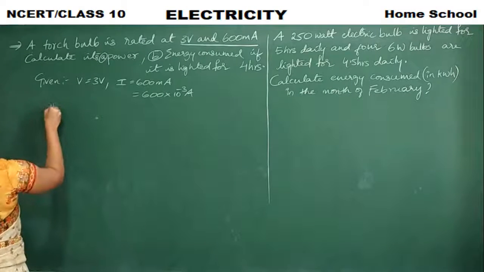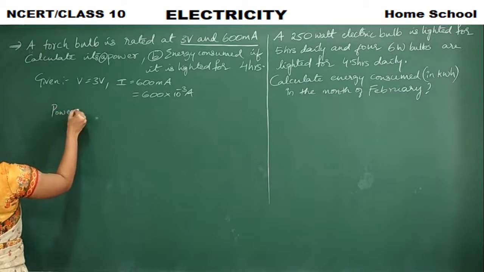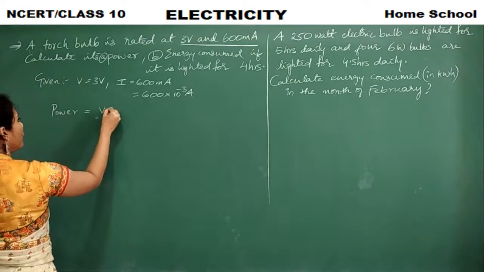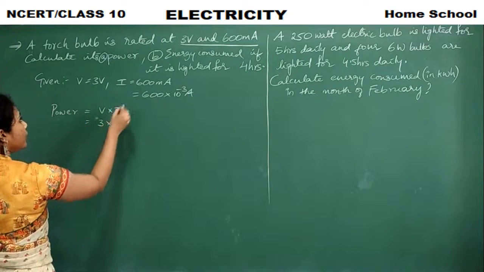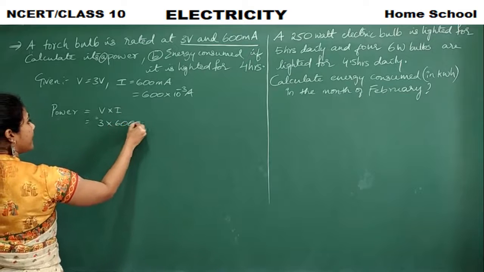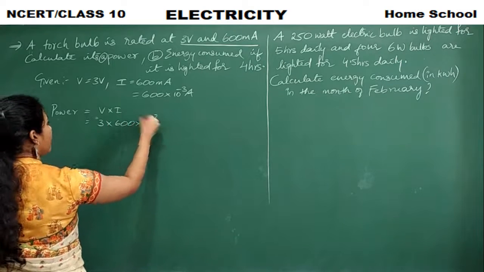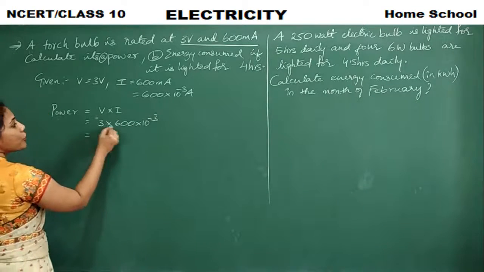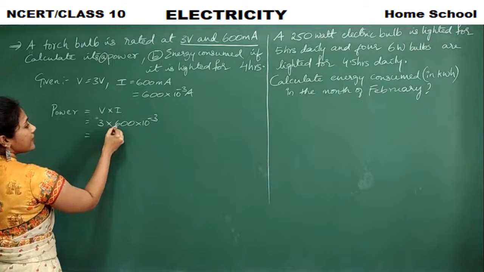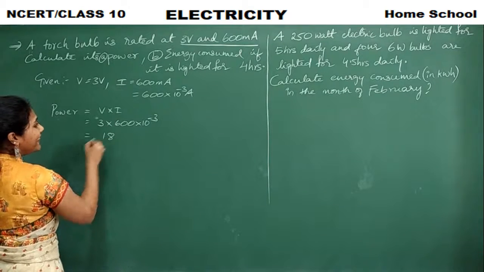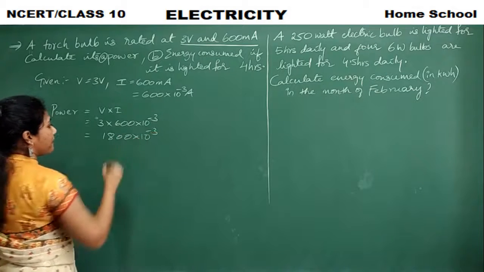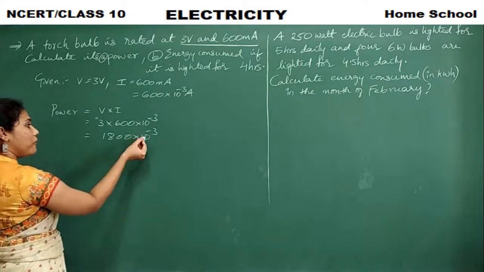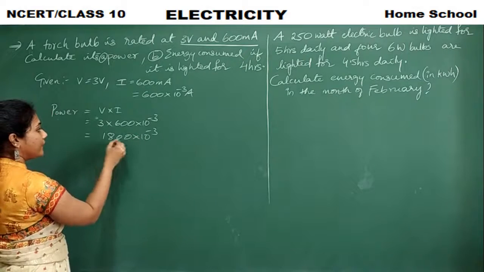Can't you find out power? What is the formula for power? Power is equal to V into I, right? So what is V? 3 into 600 into 10 to the power of minus 3, right? So what do you get? 3 sixes are 18, and two zeros, into 10 to the power of minus 3. 10 to the power of minus 3 means what?